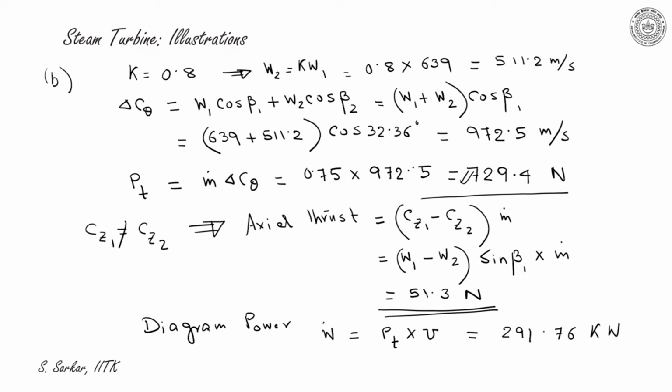So now the diagram power has changed. Similarly, the diagram efficiency will also change. So what will be the diagram efficiency or the blade efficiency eta B?